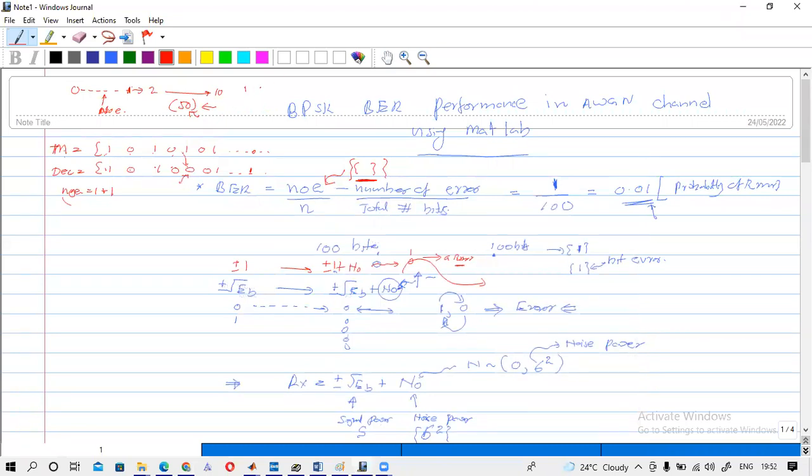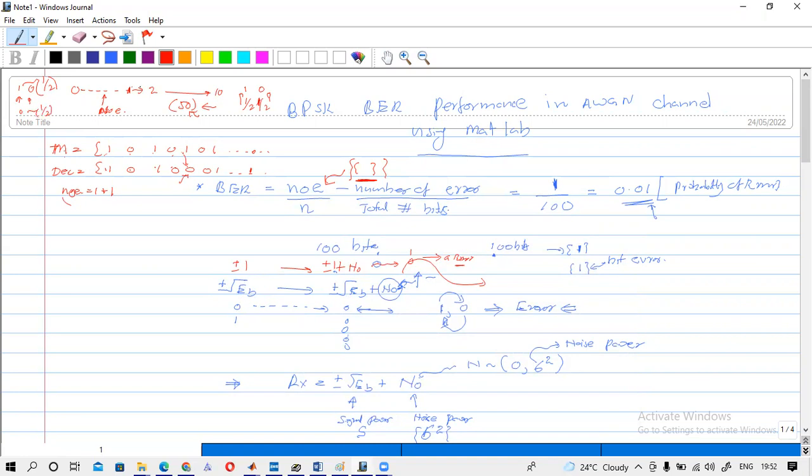So 1 and 0 will each have half probability. We are generating and decoding everything based on 1 and 0, so you will have only half probability. If you decode a 1 as 0, generally you will be having half probability.